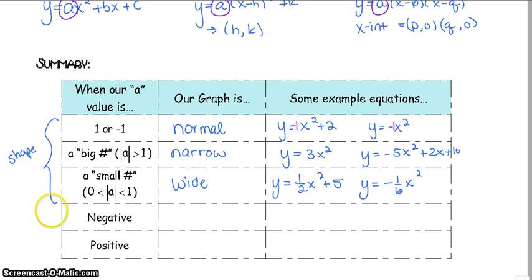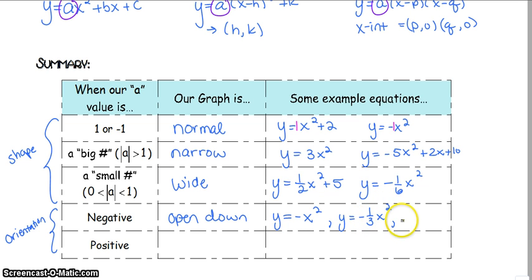The next two are going to tell the orientation. If it is negative, then it's going to open down. And it doesn't matter, it could be a negative 1x squared, it could be a fraction, a negative 1/3 x squared, or it could be a large number, negative 100x squared.